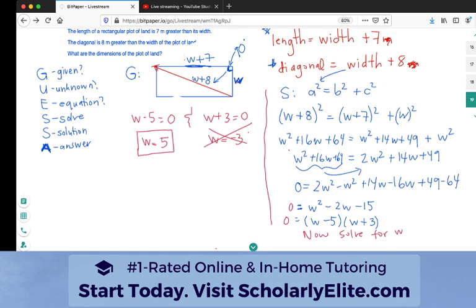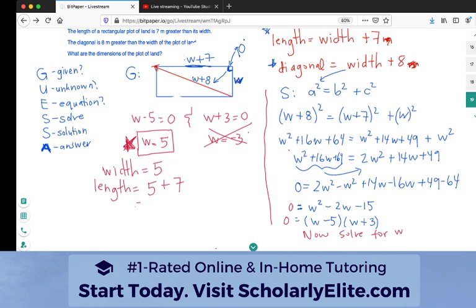You cannot have a negative width. So it has to be our winner over here. Winner, winner, chicken dinner, however you say that. This guy right here, and that means that we know that the width equals 5, and we know that the length is equal to the width plus 7.